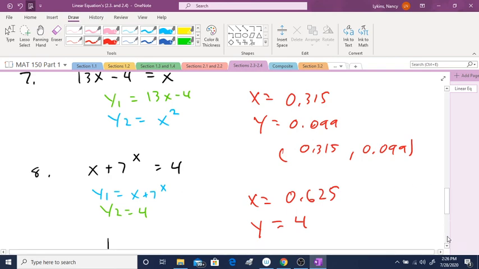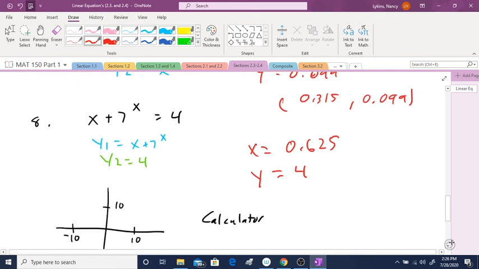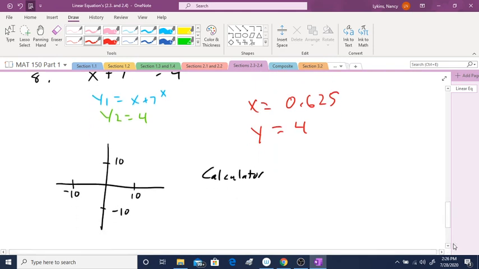Now, before I move on, I want to show you one little tip on your calculator, because when you do some of your calculations, and when your X and your Y values are huge, I mean, when you're talking about hundreds or thousands, what you need to do is go to the top of your calculator, to window.